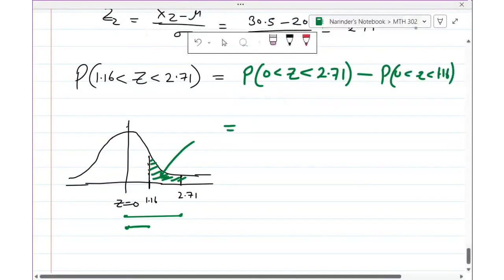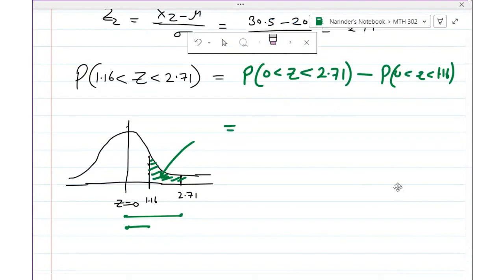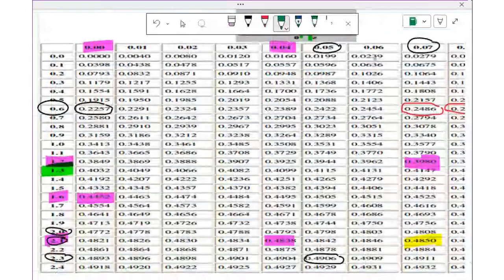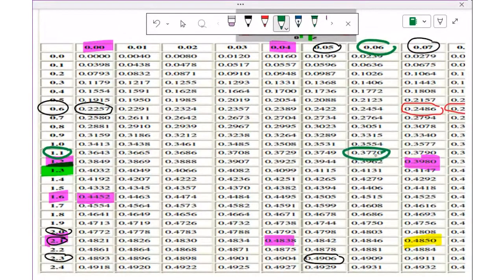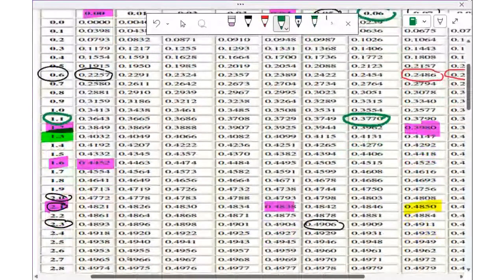So now we have to see from the table for 1.16 and 2.71. For 1.16, this is 1.1 and you have 0.06 here, so 0.3770. And the other is 2.71, sorry, 2.71, so 0.4966.